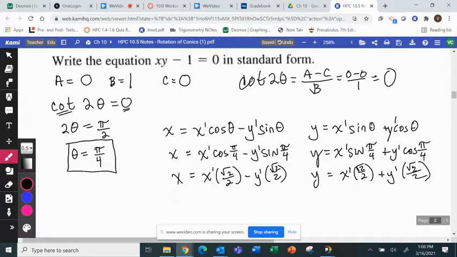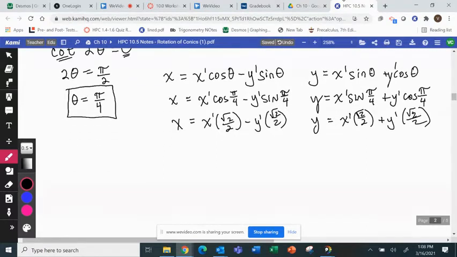Now when I was practicing this myself, I compared to the book to make sure I'm doing things right. And they actually did not rationalize. I was working it out rationalized, but it's easier to not have it rationalized. So instead of square root 2 over 2, they used 1 over square root 2 for both of these.